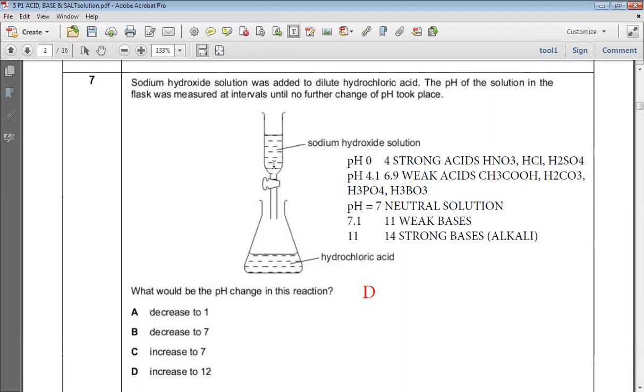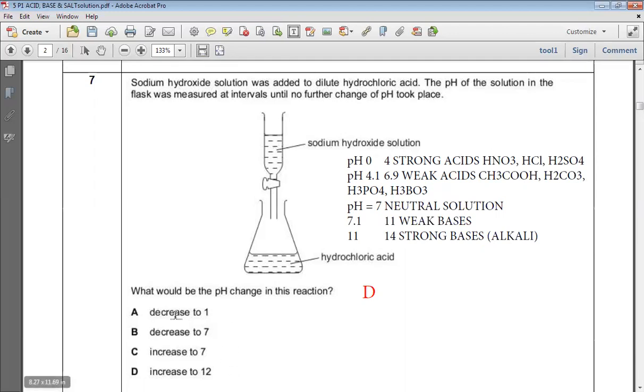Then one more additional drop of sodium hydroxide is placed in the conical flask containing hydrochloric acid. All acid has been neutralized, so the additional drop of sodium hydroxide increases the pH value to more than 11.